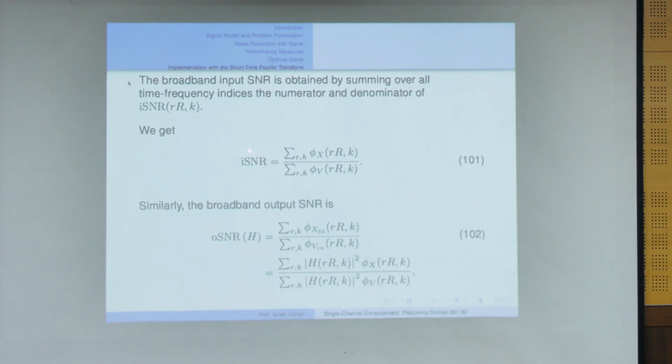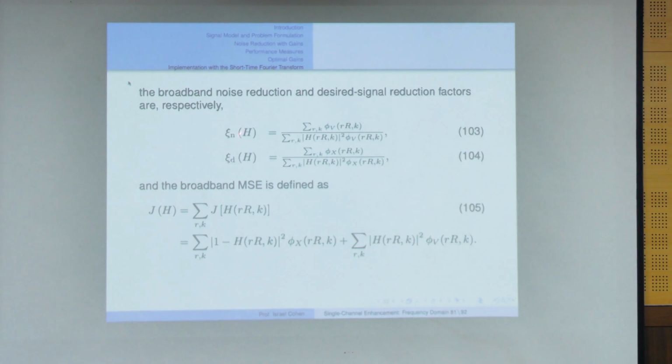We can also compute the wideband input SNR and wideband output SNR, like this, which is summation over the time and frequency indices, all the time frequency bins that we want to apply and measure that. And we can also compute the broadband noise reduction factor and broadband desired signal reduction factor. We just take the summation instead of what we did for the Fourier transform.